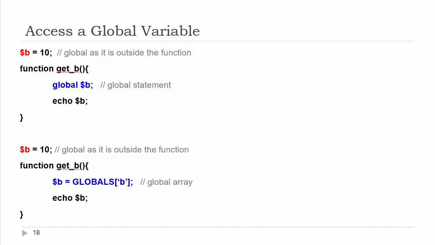In the second example, it is the same function using the same global variable declared outside that function. And in order to have access to that variable inside the function, here you see how I am using the $GLOBALS array. So either one of these procedures would allow us to access the global variable.